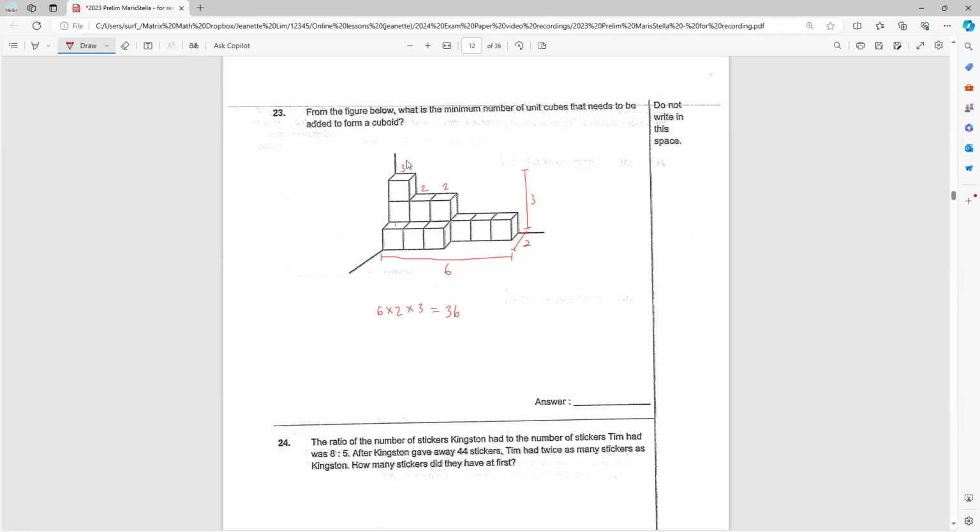And then the rest, 1, 1, 1, 1, 1, 1. Total, 3 plus 2 times 2 plus 6, because all the ones give me 6. This is 13. So how many more do I need? 36 minus 13. 23.